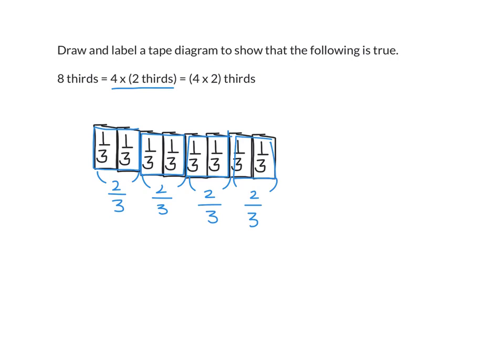It's also asking us to show that it's equal to 4 times 2 thirds. What is 4 times 2? 8. And we can show here that we have 1, 2, 3, 4, 5, 6, 7, 8 thirds.